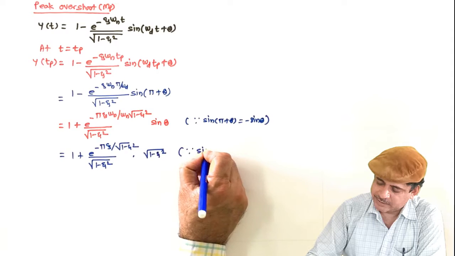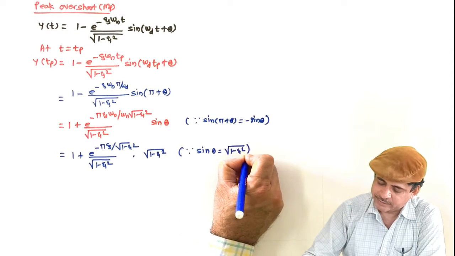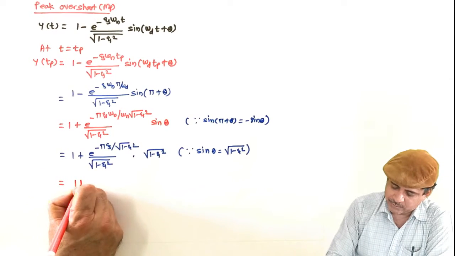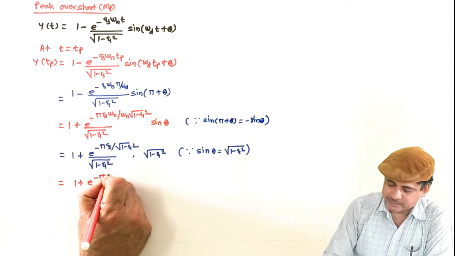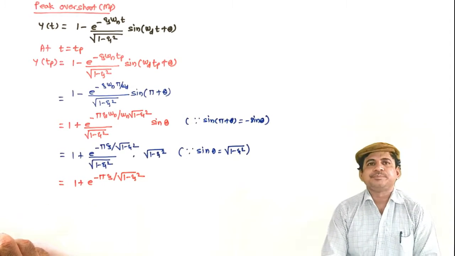Since sin theta is equal to under root 1 minus zeta square, this y of Tp is equal to 1 plus e raised to minus pi zeta upon under root 1 minus zeta square.